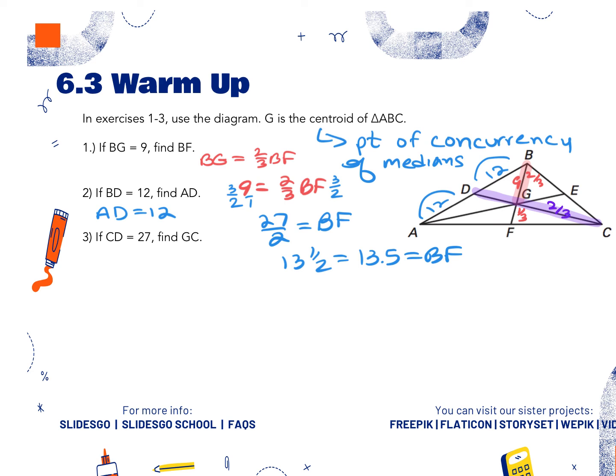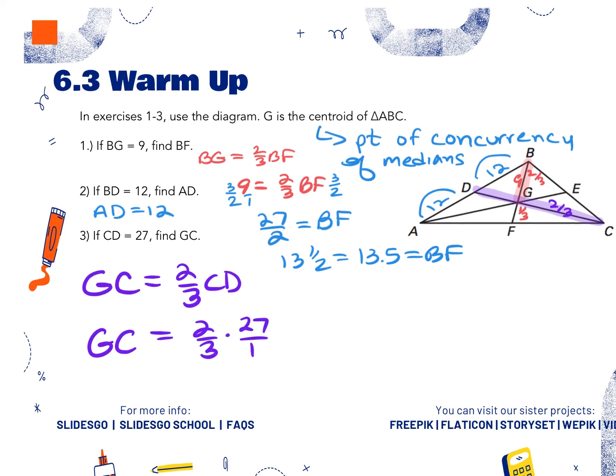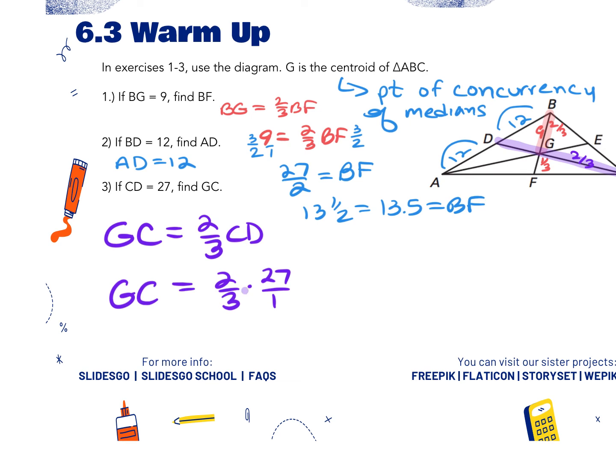So in order to find GC, I'm going to take GC is equal to 2/3 of the whole thing, which is CD. So GC equals 2/3 times 27, and I can make it a fraction. I'm going to simplify diagonally and change this to a 9, this to a 1, and now the length of GC is equal to 18.